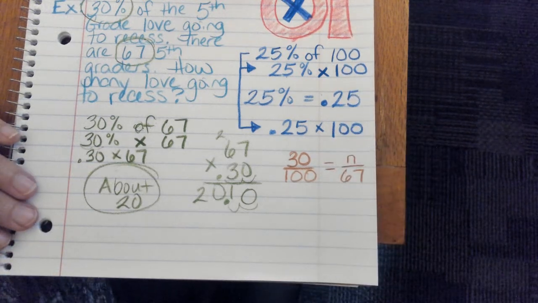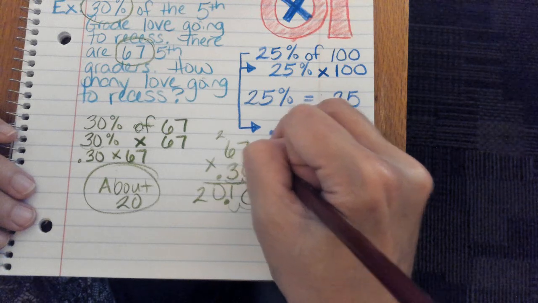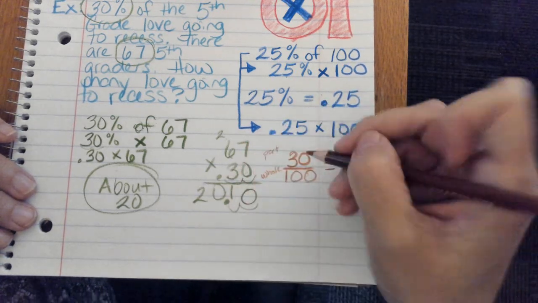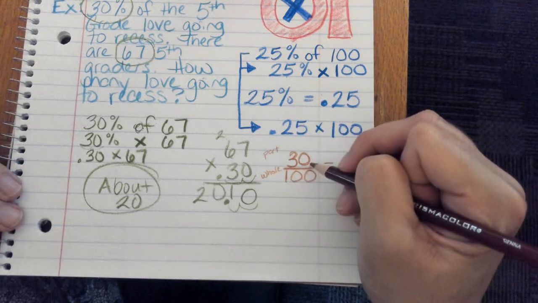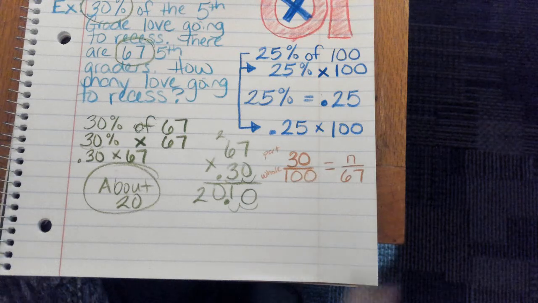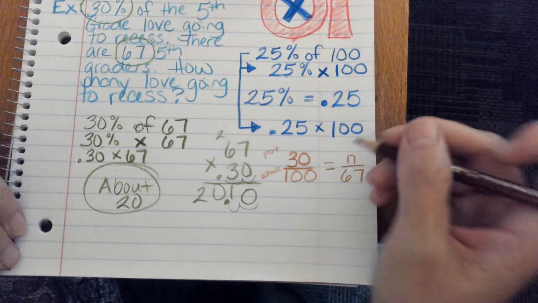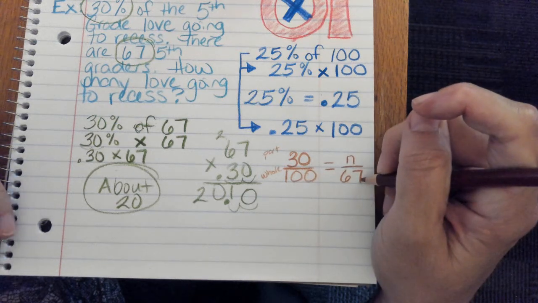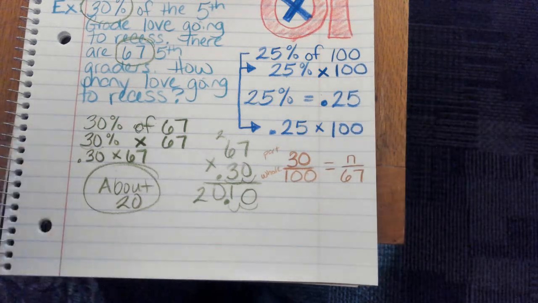In this case, I'm putting the part at the top and the whole at the bottom. The 30% is the part of the percent, the whole is 100, and the part of the kids is the number I'm looking for, and the whole grade level is 67.